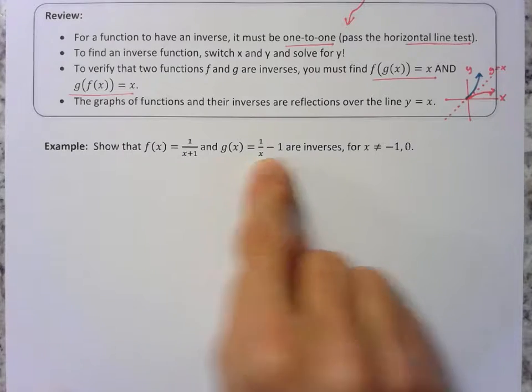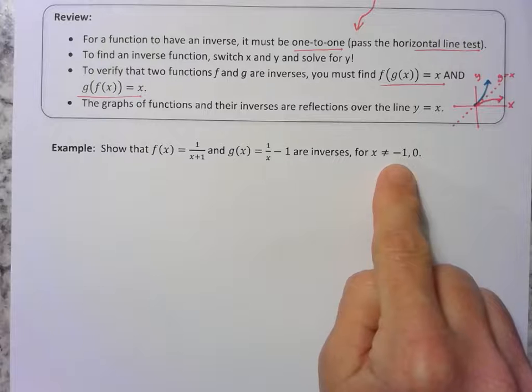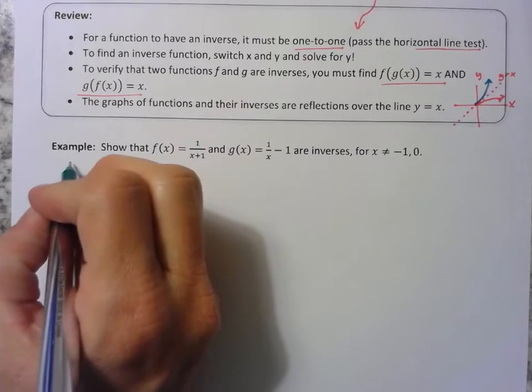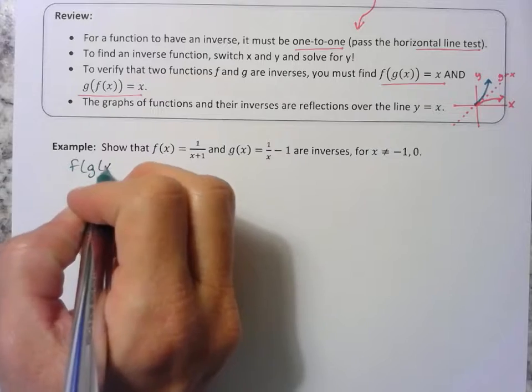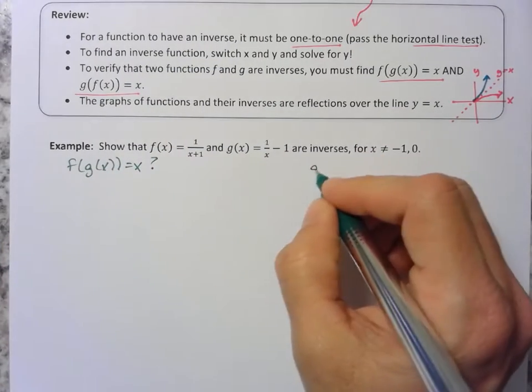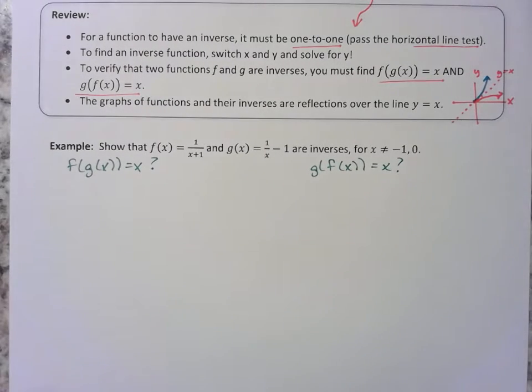So they had to tell us this just in case for some reason we found out that x were one of those values. Then it wouldn't even work. Alright, so to make this proof, we have to show that f of g of x equals x, and we have to show that g of f of x equals x. Okay, we have to prove those two things.